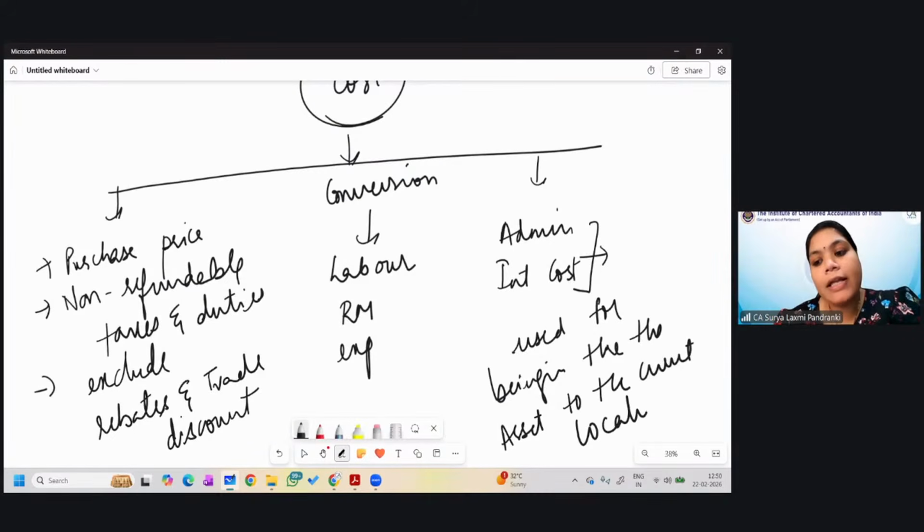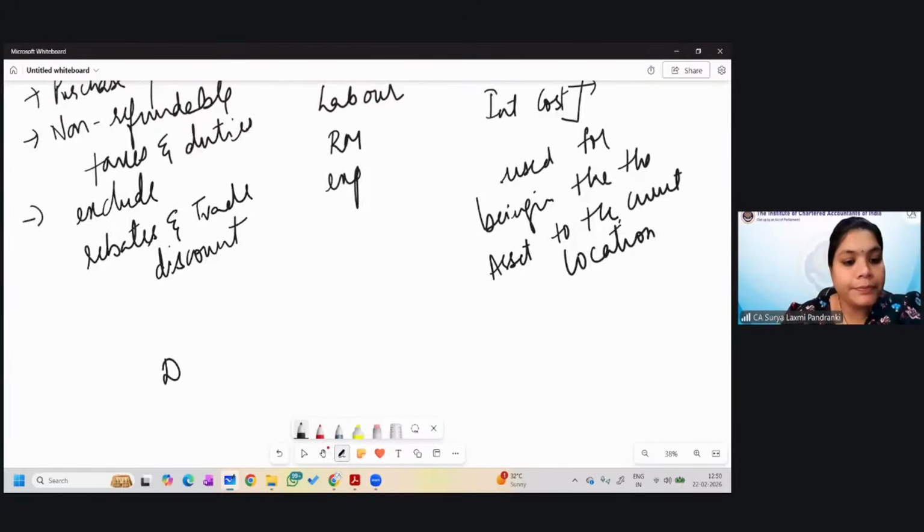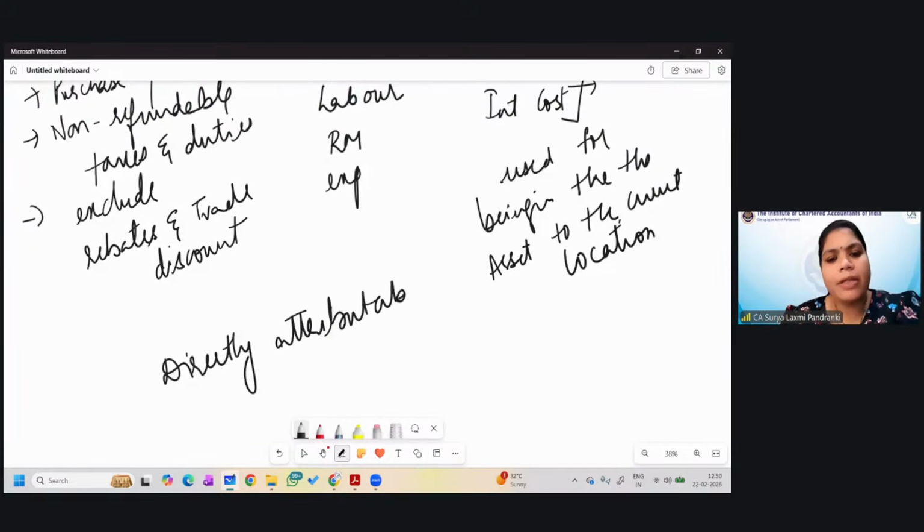Only for bringing the asset to the current location, if you have to incur some expenditure, or if you have to use that asset, you need to incur some expenditure, only that will be included. And I also used the word called attributable cost. So mainly it is the same. It is directly attributable cost only that will be included in the cost of the asset, right?